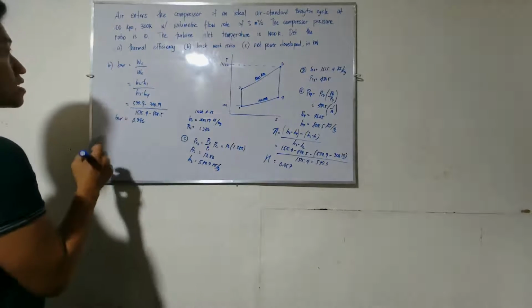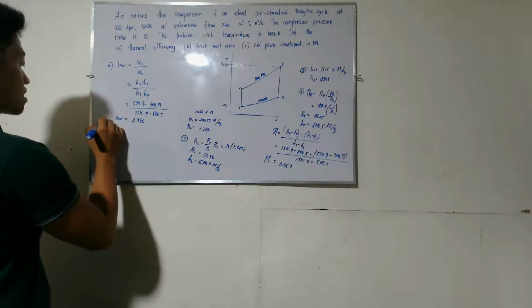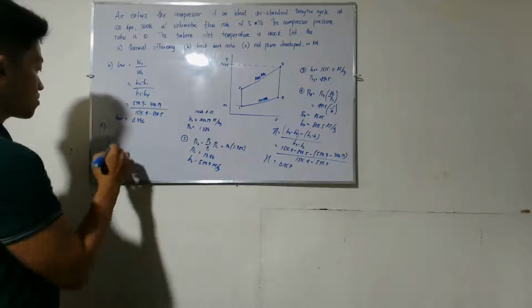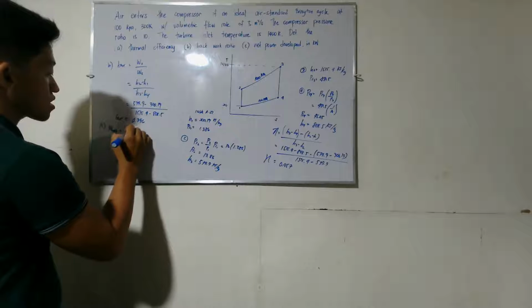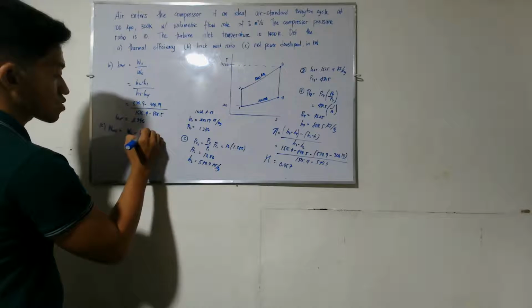Okay. Now last is the work developed. The net work developed is just work turbine minus compressor work.